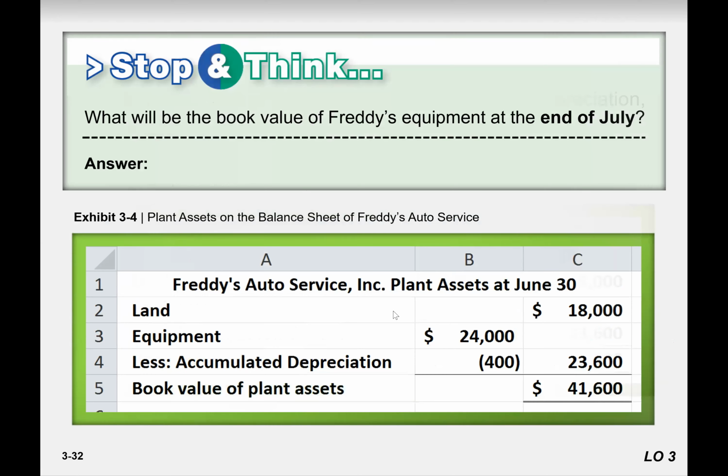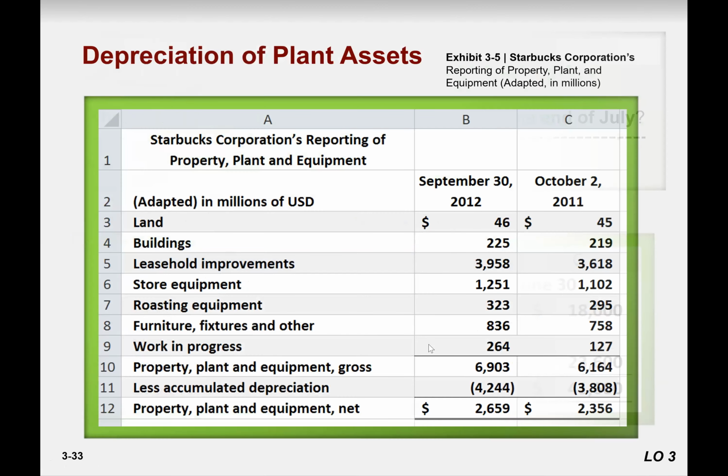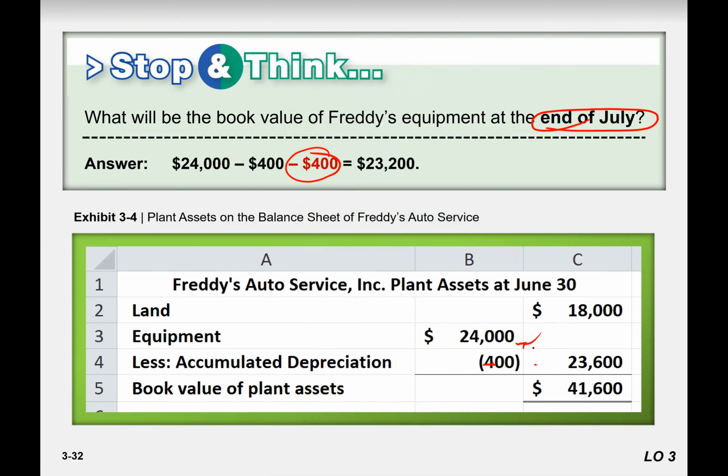So you see here. So now the question is, what will be the book value of Friday's equipment at the end of July? So at the end of July, this would become 800, right? 400 also is going to be consumed. So book value is going to be here 800.